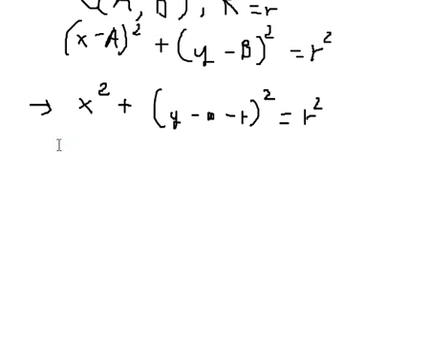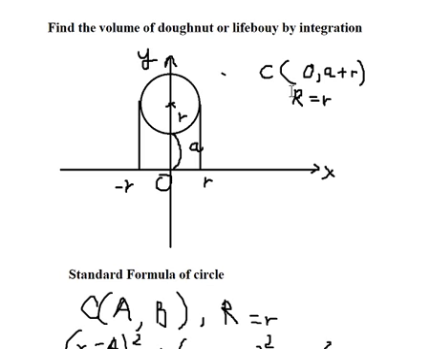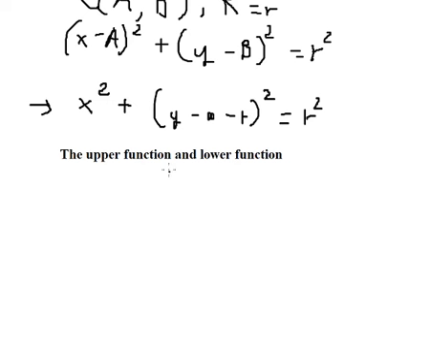Next, if we want to find the volume, we need to find the upper function and the lower function. So the upper function is this one, and the lower function should be this one here. So we have this equation. Now I will put X squared to the right.